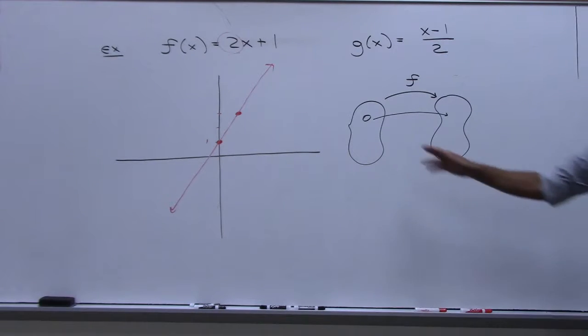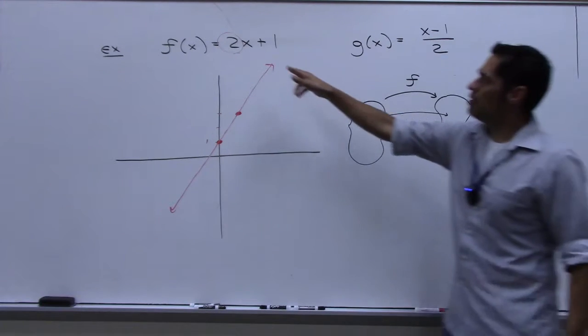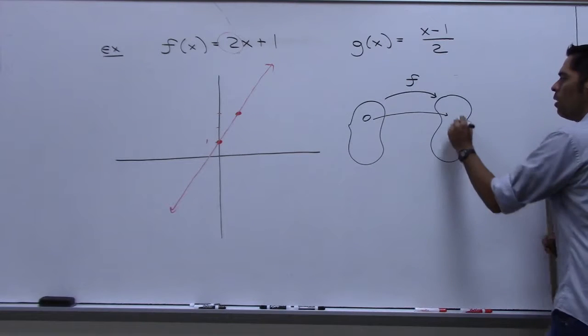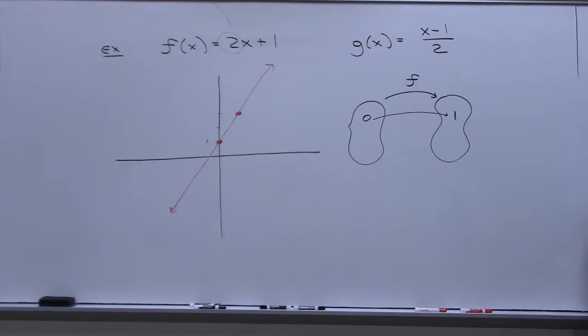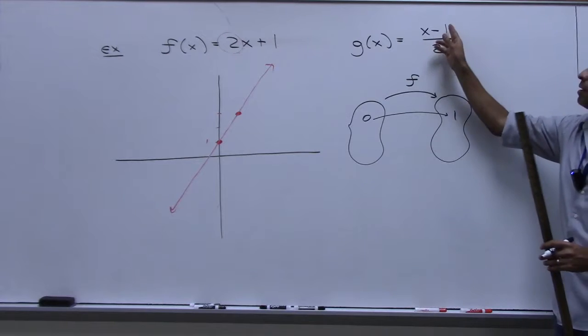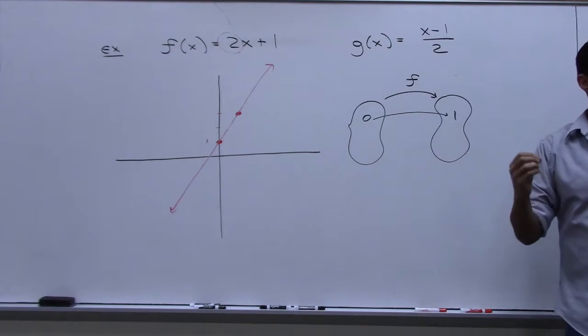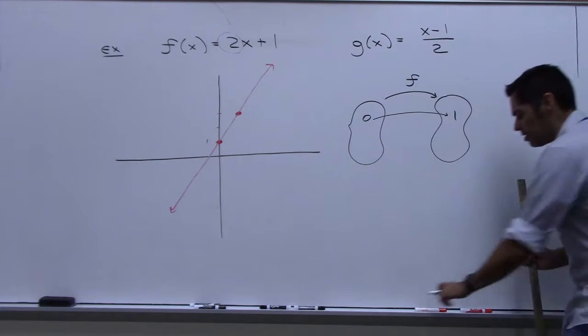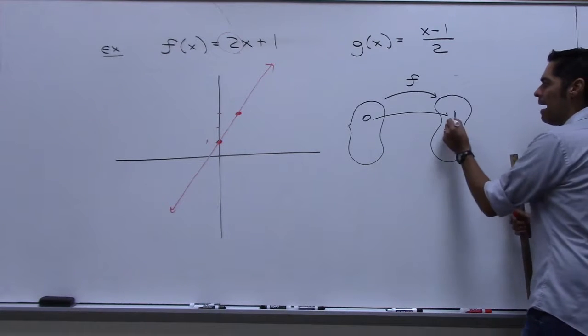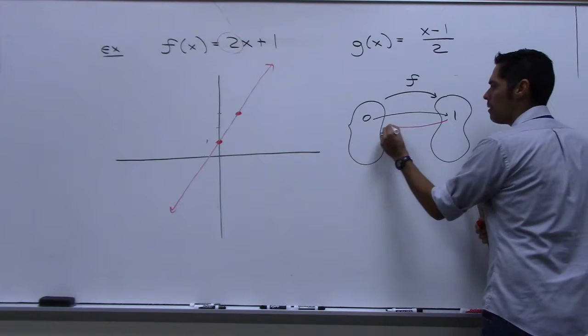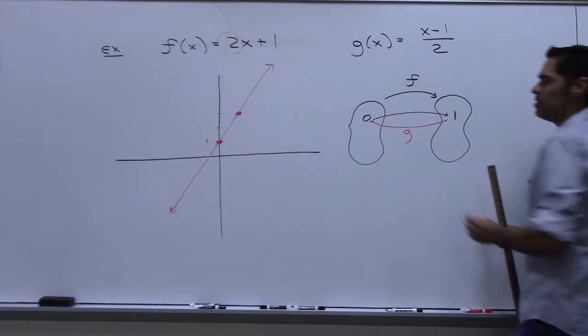Okay, where does it get mapped? 0 gets plugged into this function, it spits out what? 1. Well, guess what? If we take 1 and we plug it into this function, where does it go? 1 minus 1 is 0. 0 over 2 is 0. So guess what? There's a way that I can send the 1 back to where it came from using the g function. You see that?